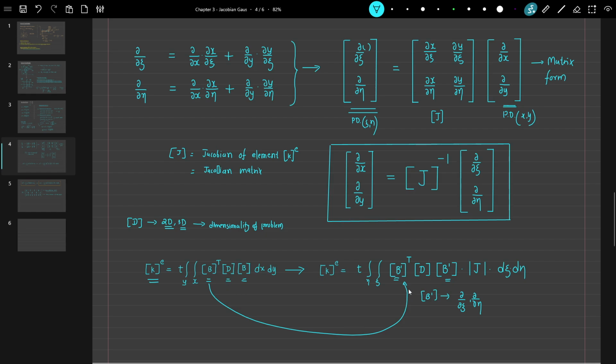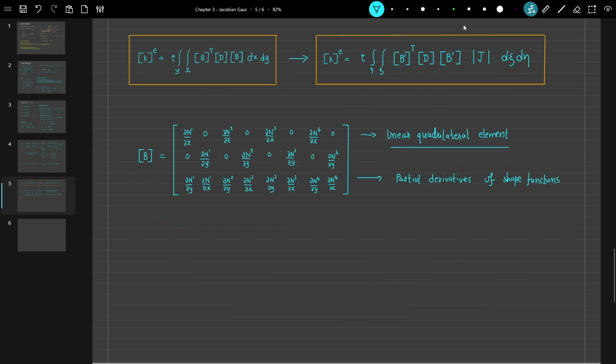So D will not change, only B will transform. So it will be B dash, and dx dy will be the determinant of this matrix J times dζ dη. We can derive this as well, but let's not do it. As an FEA engineer we don't need the derivation of that.